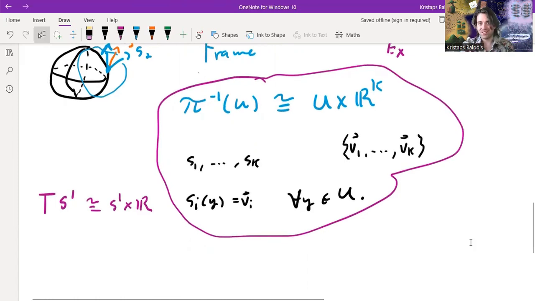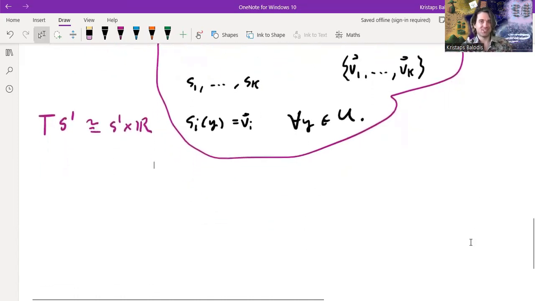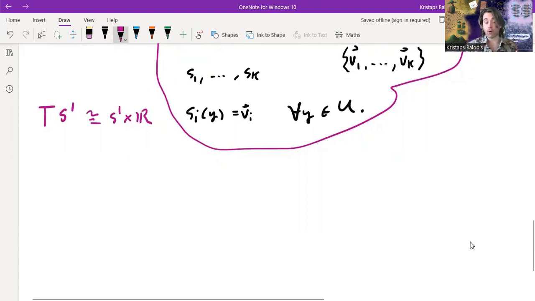One question, a famous question in differential geometry, is for what spheres can we find a global frame for their tangent bundle? It turns out that the only spheres we can do this for are S^0, the zero-dimensional sphere, right? This is just two disconnected points.